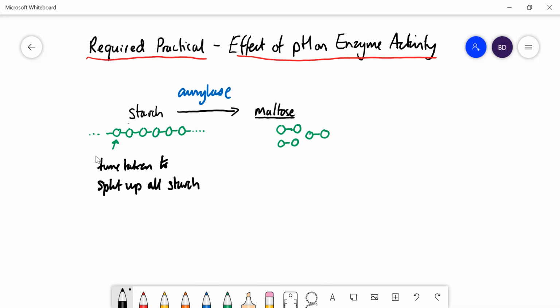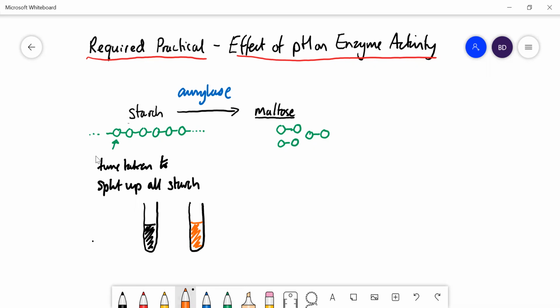There's quite a good way of doing that: if you remember, starch in the presence of iodine goes a blue-black color, whereas if there's no starch there at all, if there's just the maltose after the reaction is finished, the iodine is just going to stay its usual sort of browny color.